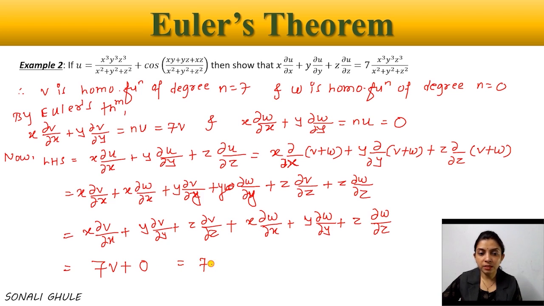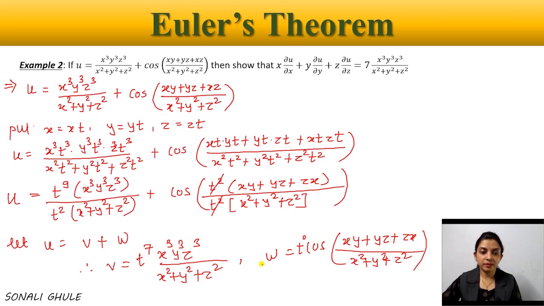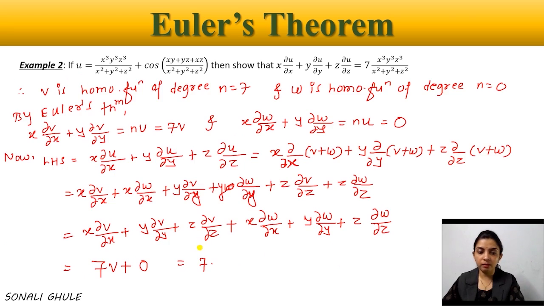That is equal to 7 into, what is v? Yes, we have a value for v, this one. Now this time we don't write this t raised to 7 because we had taken that just to check whether the given function is homogeneous or not. This is our substitution, so we are not going to consider that value for v.